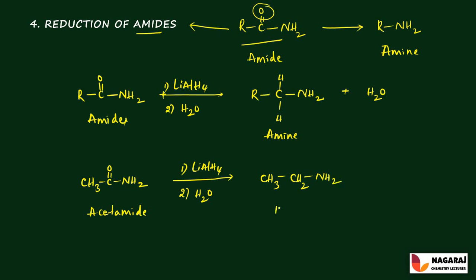This compound is called ethanamine, plus the byproduct water. So in order to convert amides into amines, the strong reducing agent lithium aluminum hydride is used.